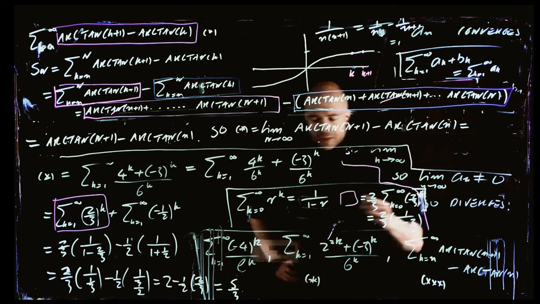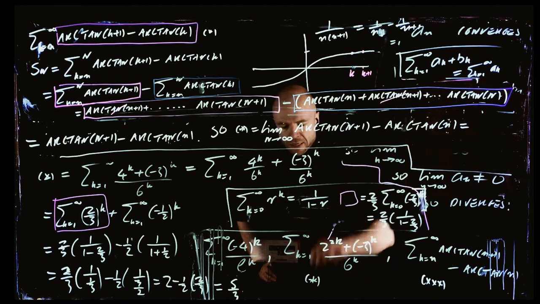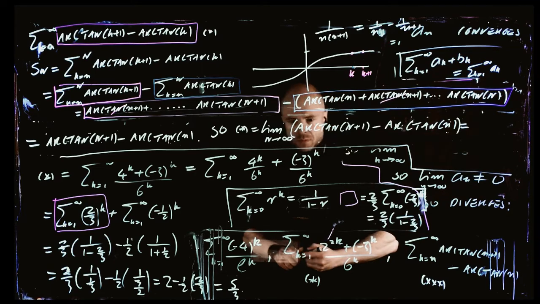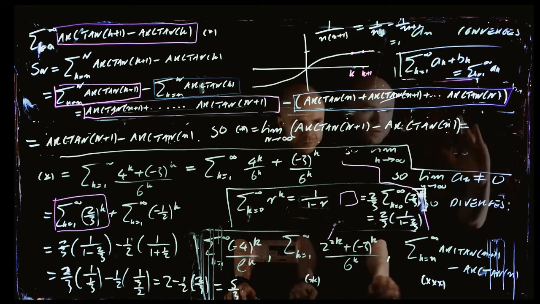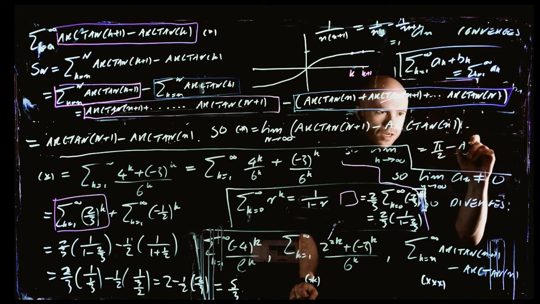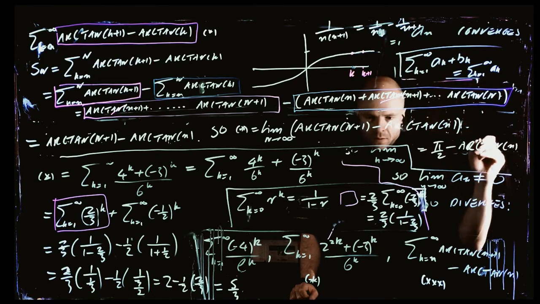What part is giving us the pi over 2? The first part, right? But that's not the only thing. So we're asking for the limit as n goes to infinity of this expression right here. So what's the limit? So the answer is pi over 2 minus arctan of little n, like this.